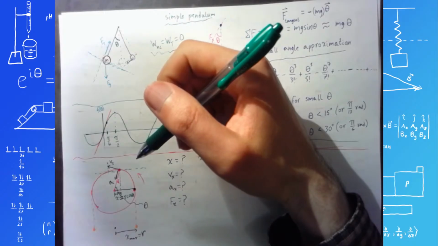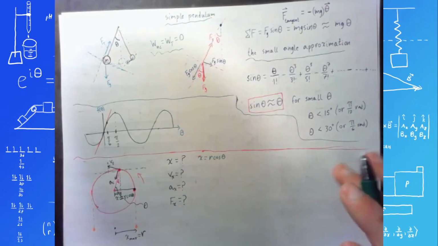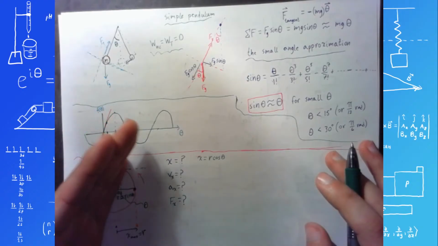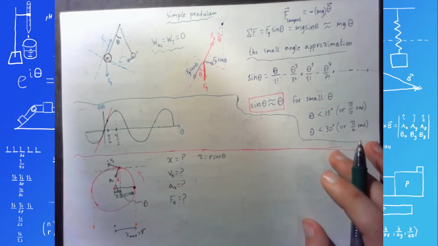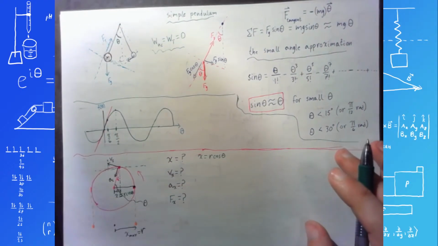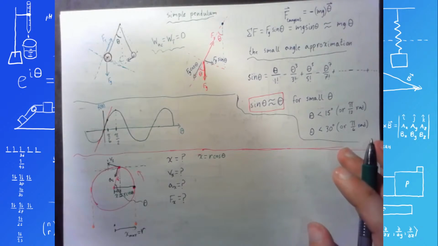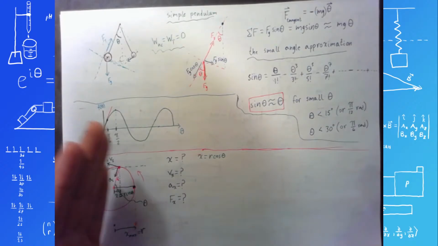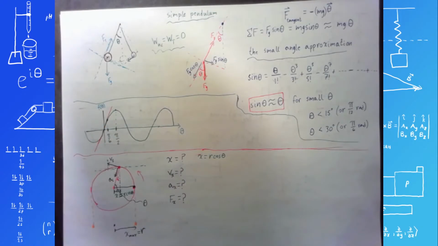Let's see, so the tangential velocity, well, V tangential is always going to be 90 degrees ahead of r at all times because it makes a 90-degree angle with r.